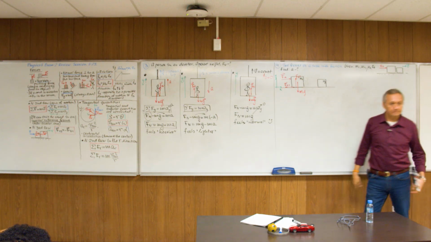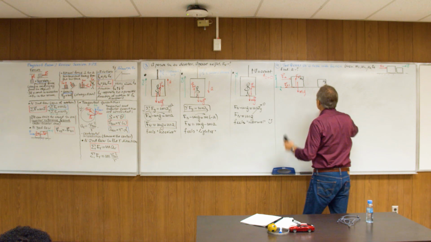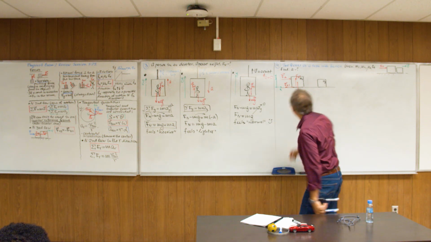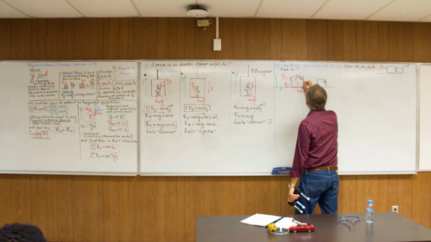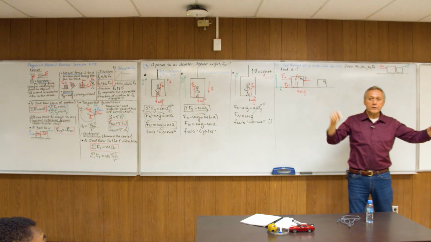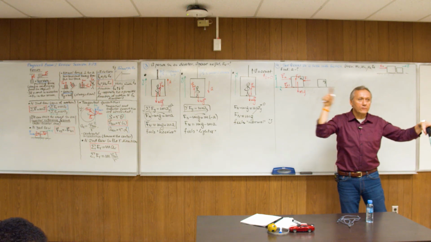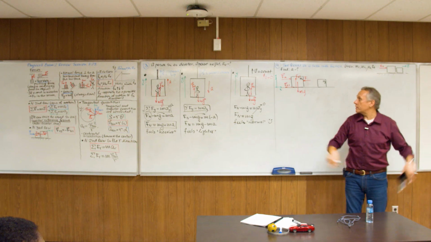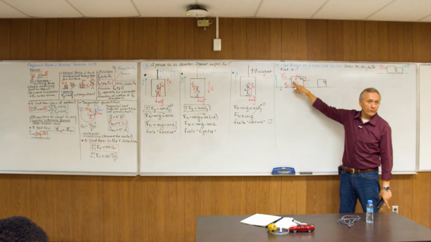Which way did I draw them? Like this. So this will be my force. You remember subscripts? The first subscript indicates on which object that force is being exerted. In this case, it acts on 1, so the first subscript is 1.